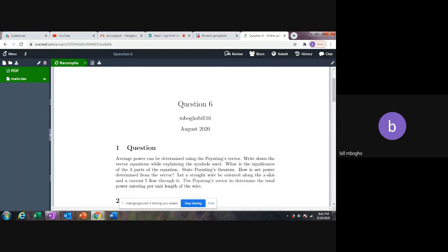The statement for Poynting's theorem is that the net power flowing out of a given volume V is equal to the time rate of decrease in energy stored within the volume minus the conduction losses. I think this kind of makes sense because the net power flowing out is the same as the rate of decrease in energy.